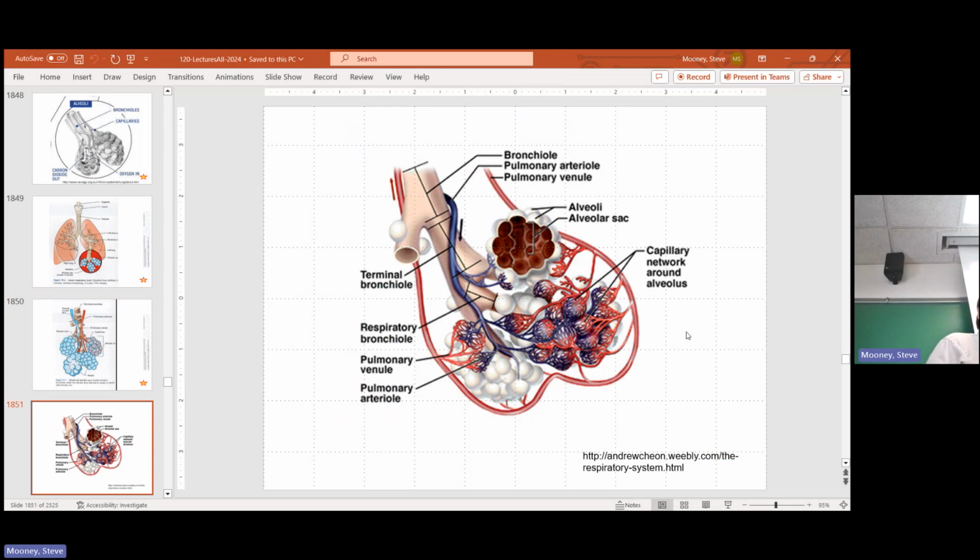This is a better kind of look at it. So when this one's labeled correctly, you've got the blood coming in, you've got that net of capillaries, one on each of the alveolar sacs, and then we have the drainage going out, oxygenated blood going back in the veins, back to the heart.